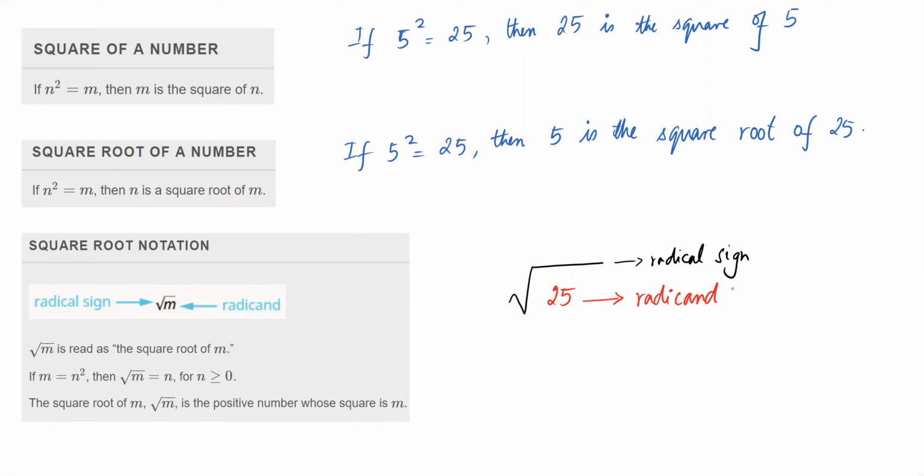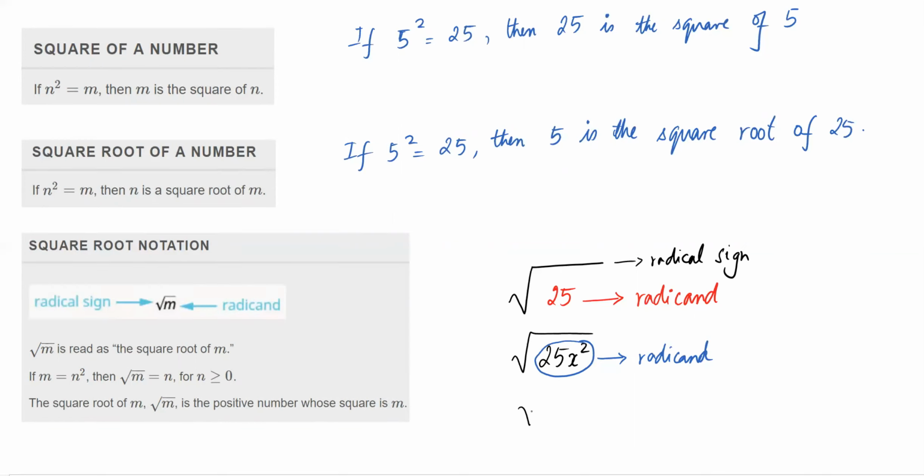So if it has more than a specific expression, like if it was not just a 25, but say 25x squared, then all of it becomes the radicand. So let me write that out here. Let's say I have 25x squared. Then this entire thing, 25x squared, becomes the radicand.